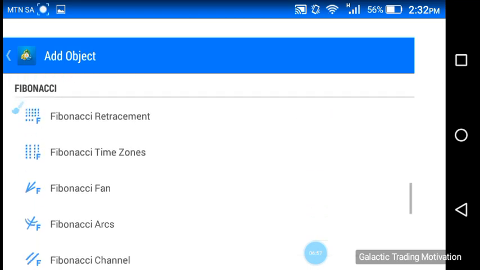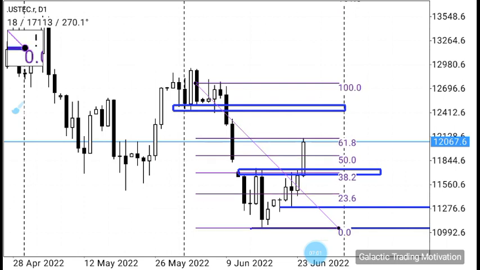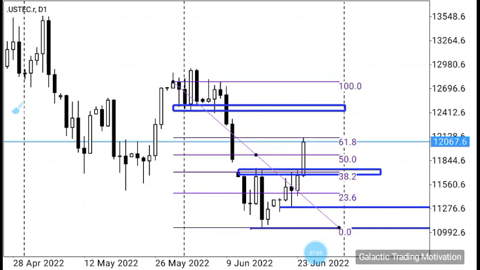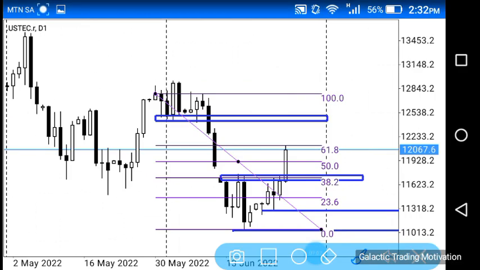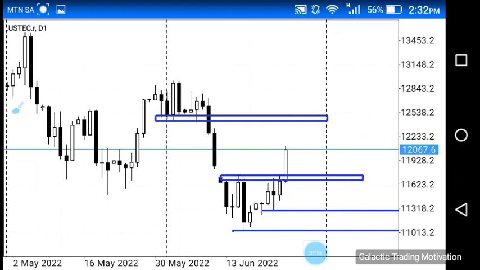Just bear with me, guys. Okay, we can see that none of the key numbers actually align with the neckline. So we can just disregard this Fibonacci retracement tool, right?